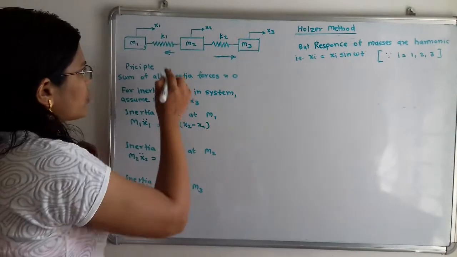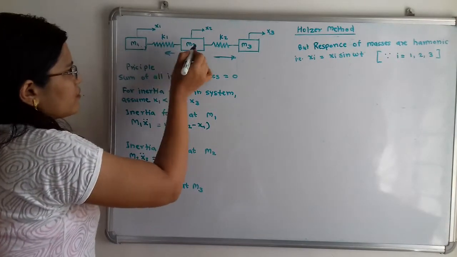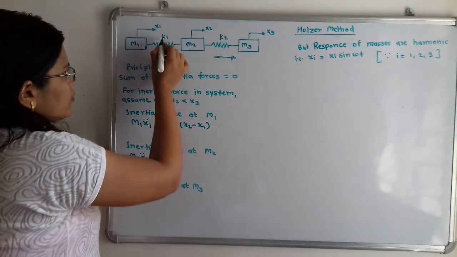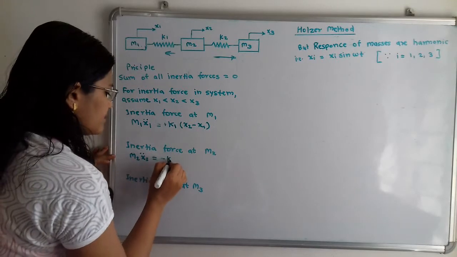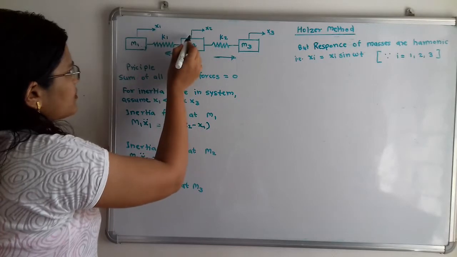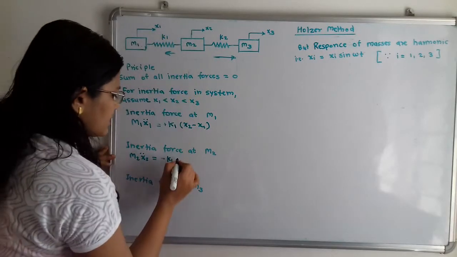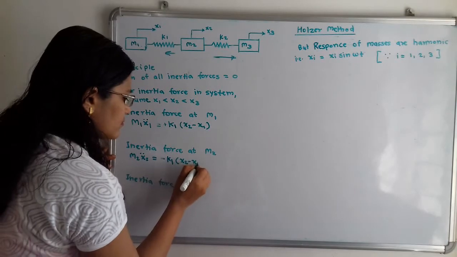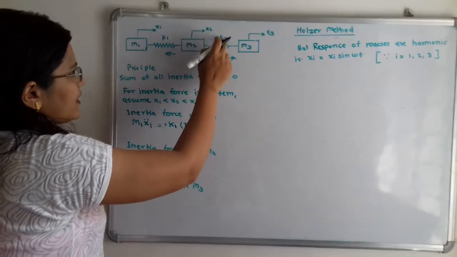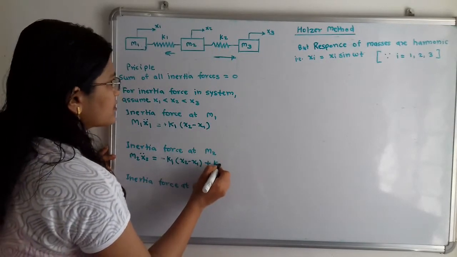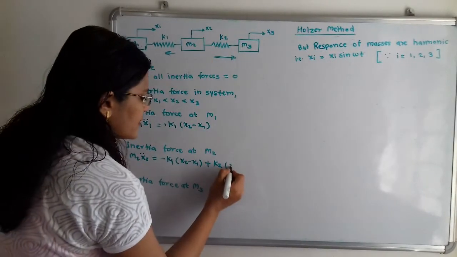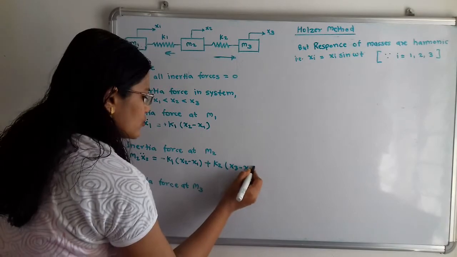So for this spring force K1, we have to give the negative sign. So our right hand side is minus K1 multiplied by x2 minus x1, since it is attached to masses m1 and m2 and we take the difference between the two displacements. Now this spring on the right hand side has stiffness K2, so we take plus K2, and it is attached to the two masses having displacements x3 and x2, so we write x3 minus x2.